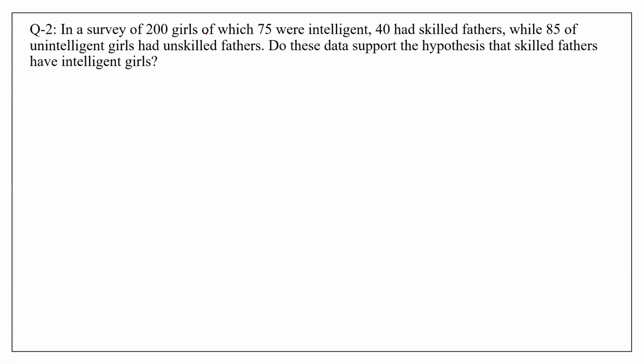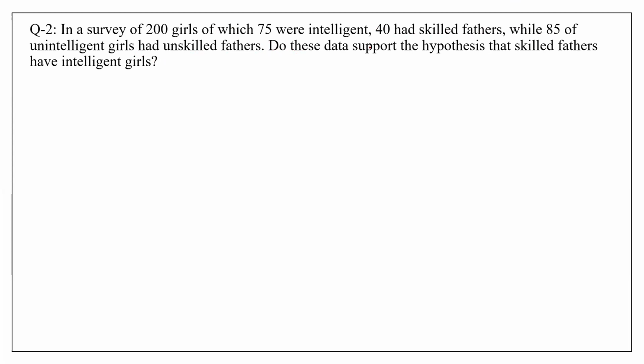They have done a survey of 200 girls, so 200 is the sample size, and they found that 75 girls were intelligent, and out of those 75, 40 had skilled fathers, meaning their fathers are also skilled, they're trying to say. While 85 of the unintelligent girls, meaning those who are not intelligent, had unskilled fathers. So they have some data which they have got from the survey.